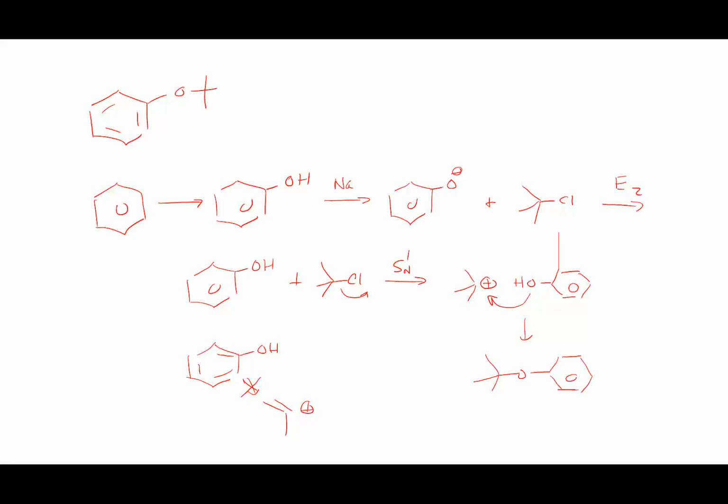That would be okay. So we would end up with the oxonium ion and then lose the H plus to form the ether. So that would work, but the Williamson ether synthesis would not.